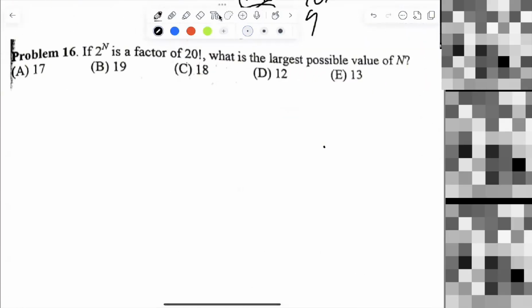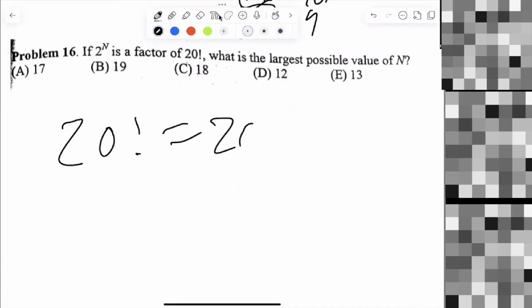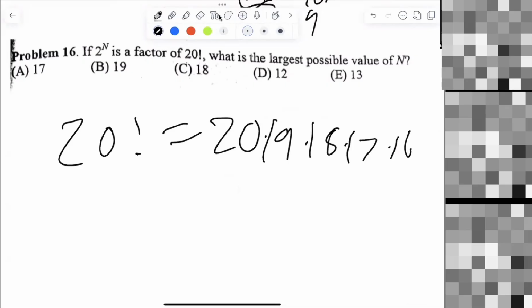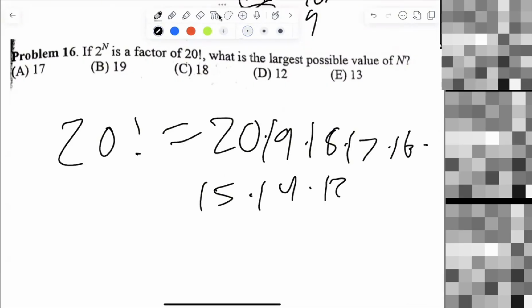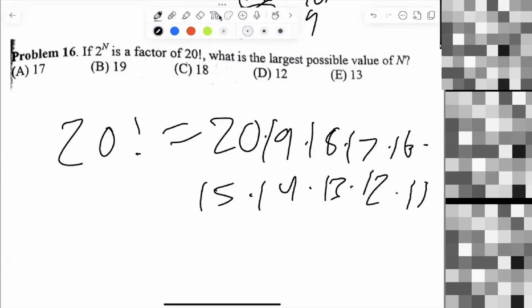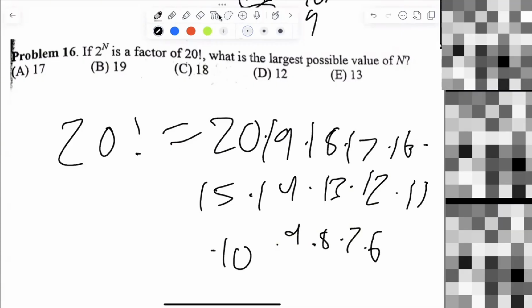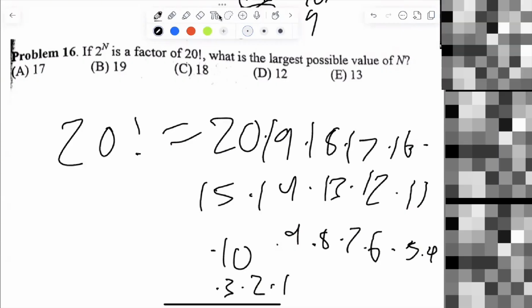If 2 to the n is a factor of 20 factorial, what is the largest possible value of n? Well, notice that 20 factorial can be written as 20 times 19 times 18 times 17 times 16 times 15 times 14 times 13 times 12 times 11 times 10 times 9 times 8 times 7 times 6 times 5 times 4 times 3 times 2 times 1.